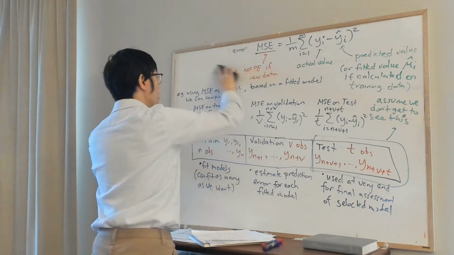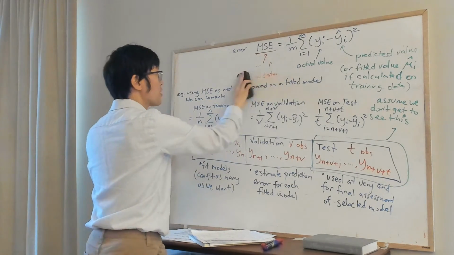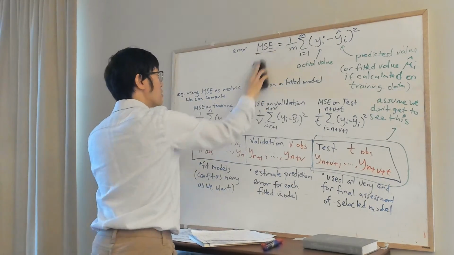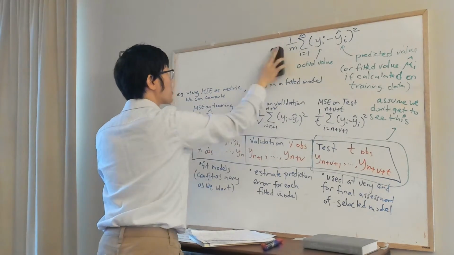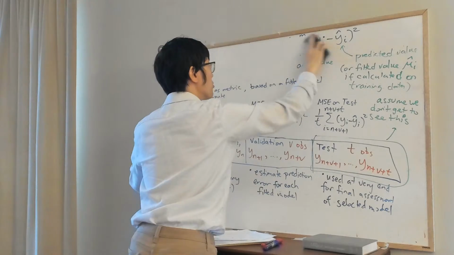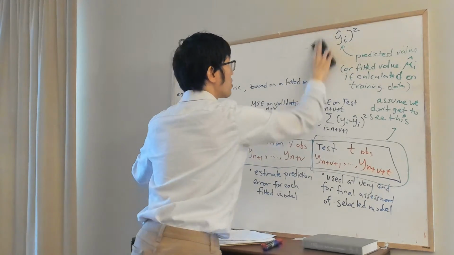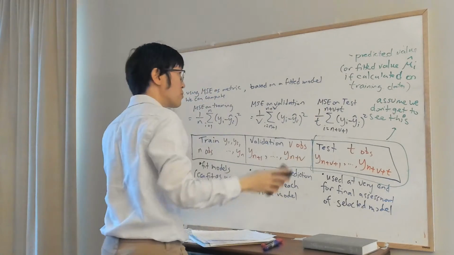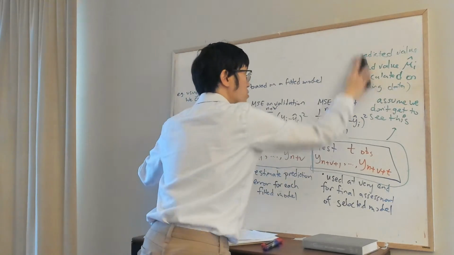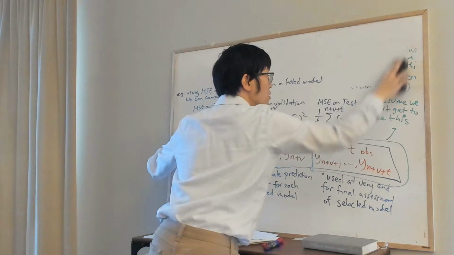The mean squared error on the training data, as I alluded to, is very much related to our estimate of the residual variance, sigma squared hat.